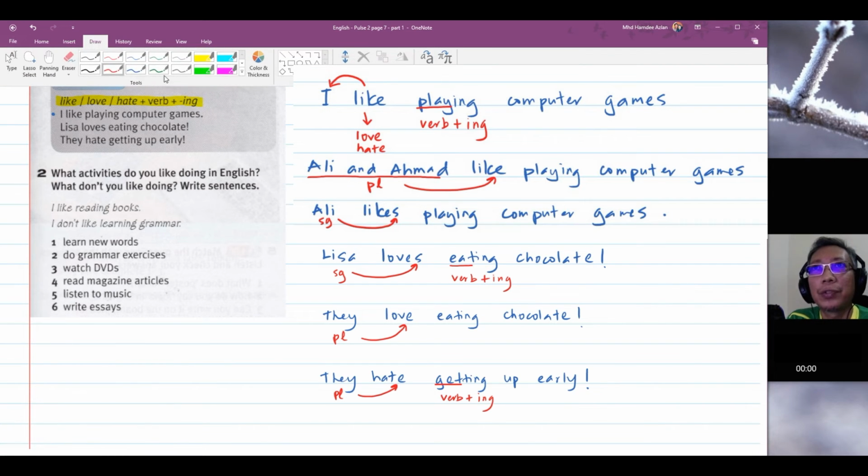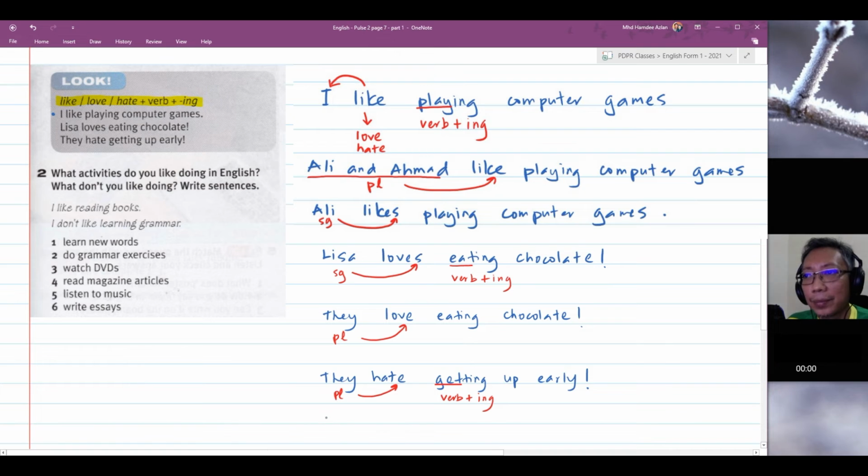So for example, if you replace the subject with Lisa, Lisa hates getting up early. So now the subject is Lisa, singular subject, so you need to add in S at hate. So it becomes Lisa hates getting up early. Okay, this is the explanation for the box here.